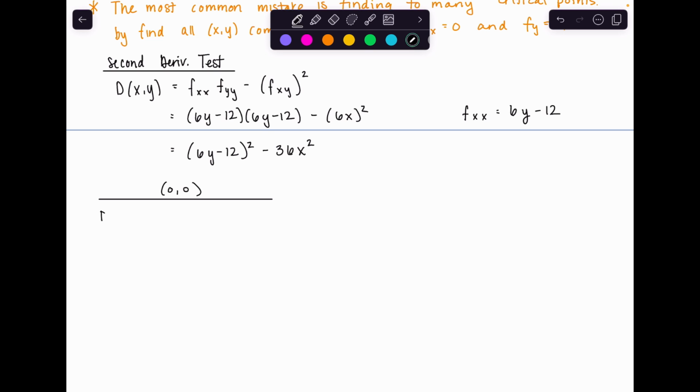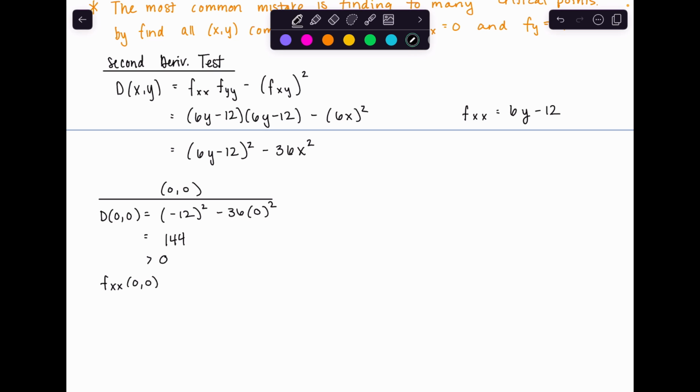So plugging this into D is thankfully not bad. This will be negative 12 squared minus 36 times 0 squared, which is really just positive 144. So this is definitely greater than 0. Because of this, I need to figure out which specific case I'm in.